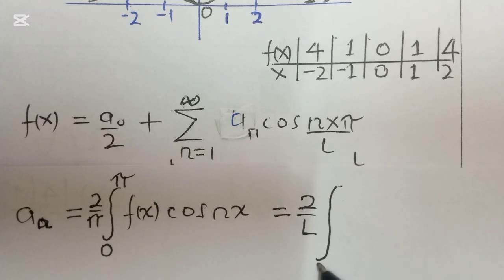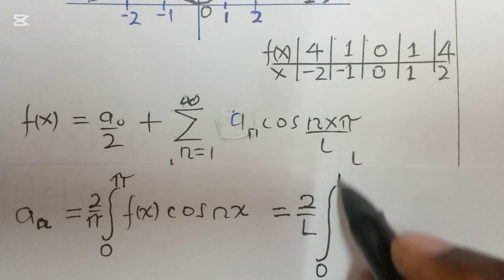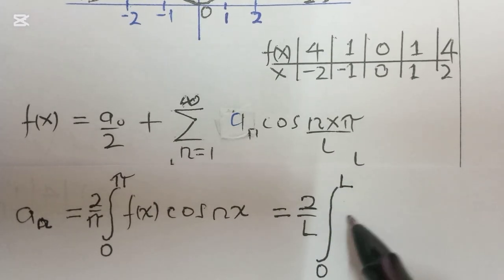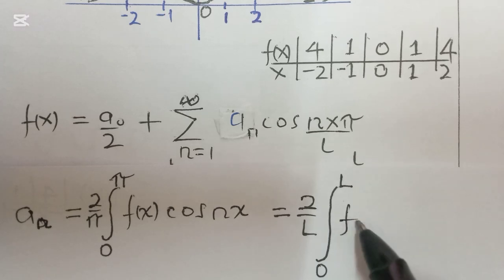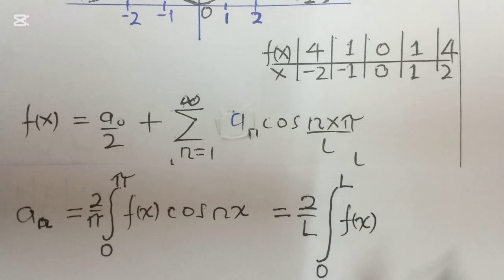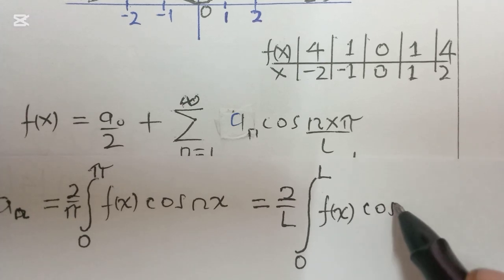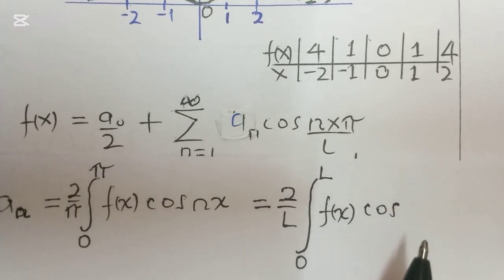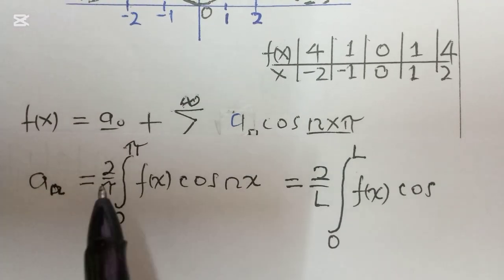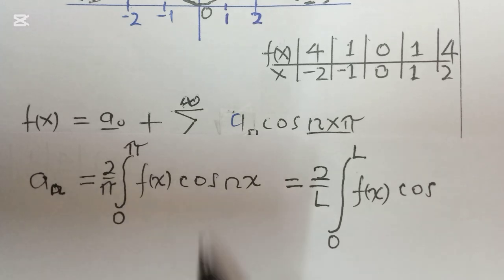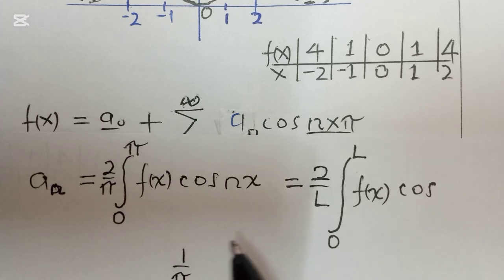So this will be from 0 to L, and then we shall have f(x) like that. But now when we come to the cos, we do it like this. Already we have said, whatever is here, leaving out the 2, 1 all over pi is equivalent to 1 over L.